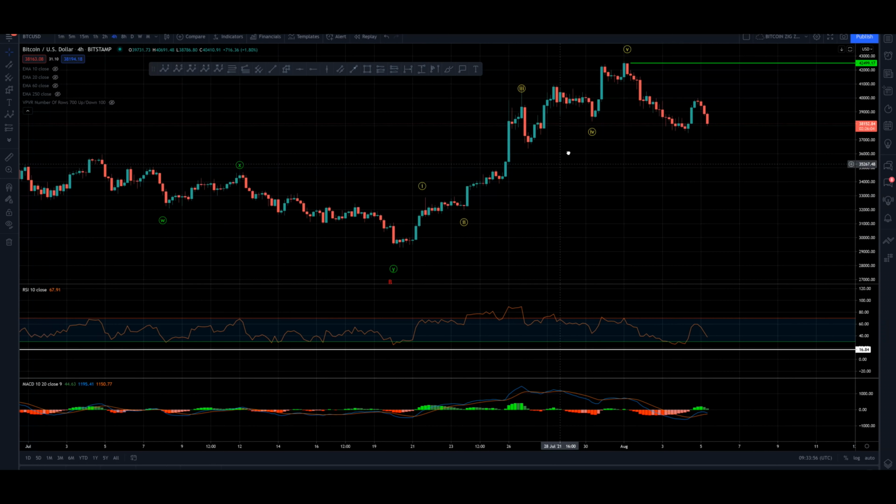So what does this target here represent? Well, I've got a number here at 42,294.85. This represents a 38.2% retracement of primary A to find our B. So this is what we expect, between 38.2 and 78.6. We expect to find our retracement.